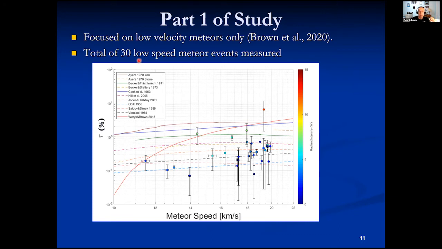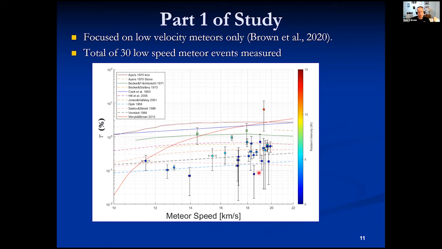Each of the points here represents an individual meteor measurement where we got the Q over I and could measure tau uniquely using the beta from the laboratory, the measured beta. And there's some estimates here. This tau is from a whole bunch of different previous literature works. And you see there's a big range. And what you'll notice is we have quite a bit of scatter.